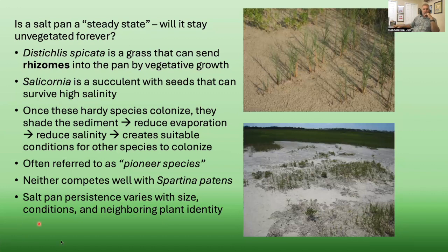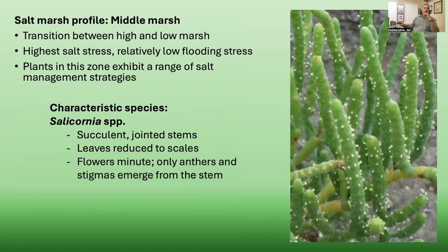Let's see here. Let me come back to this. See if I can move this forward. So here's the close-up of that Salicornia. Again, it really likes that mid-marsh. So you'll find this more in the mid-marsh, but again, it will colonize into the salt pans, so salt pan kind of goes between the low end of the high marsh and the high end of the mid marsh, right?